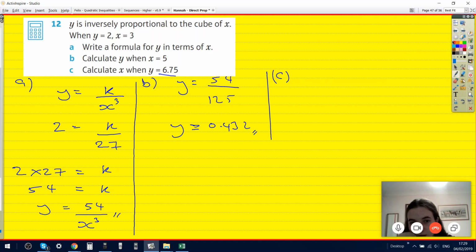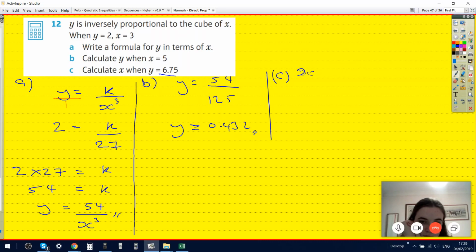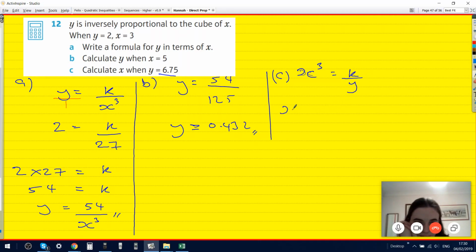So it might be easier if you were to flip both sides. So x cubed equals k over y. Yes. So x cubed equals 54 over 6.75.